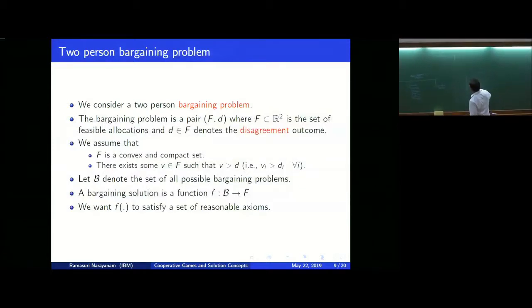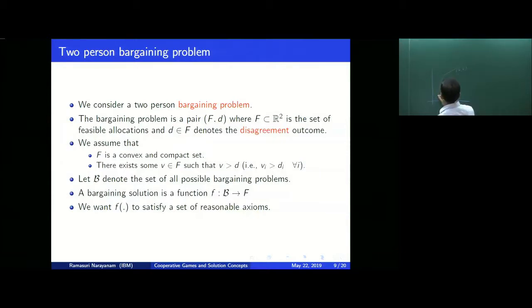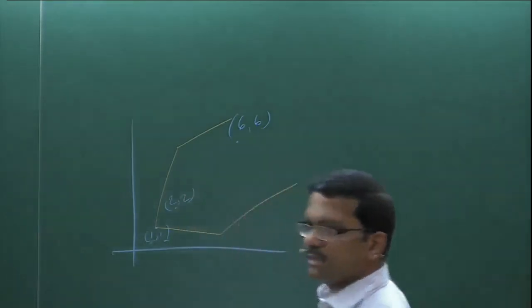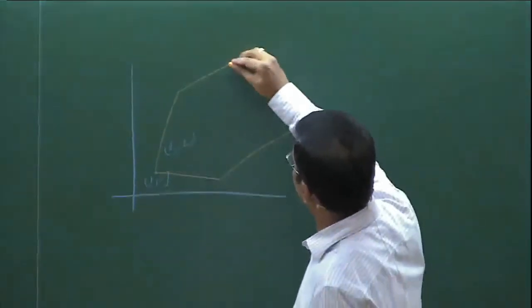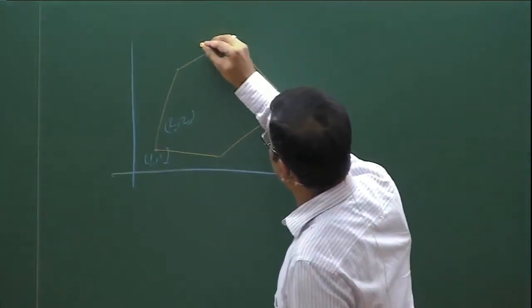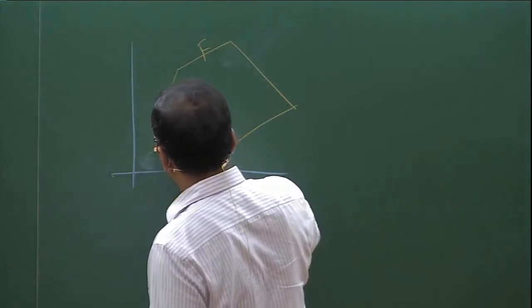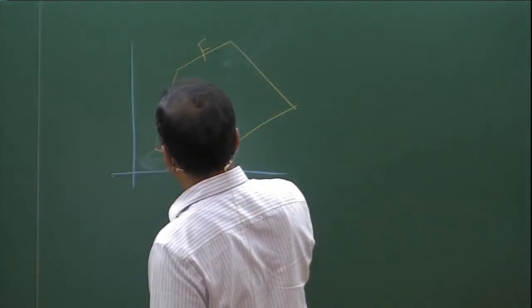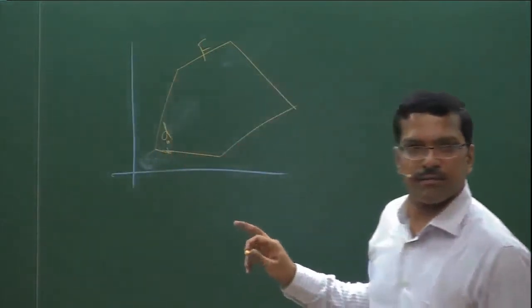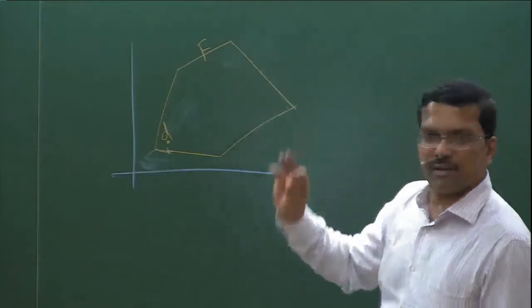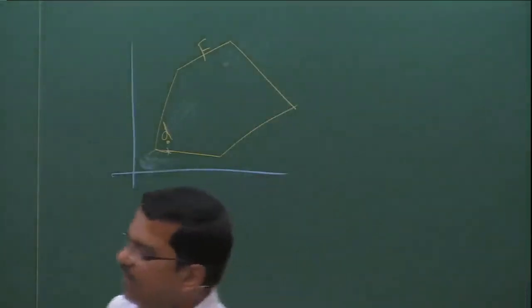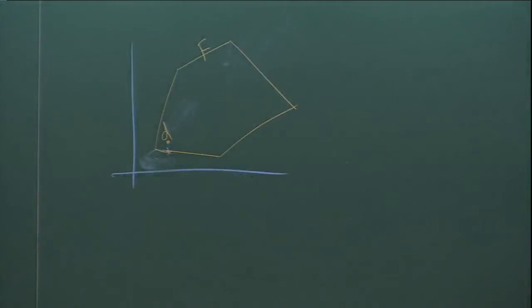So your F can be something like this. This is your F. And let's say this can be your disagreement point. Okay, and by definition, F is a convex and compact set, all these standard things we assume actually.